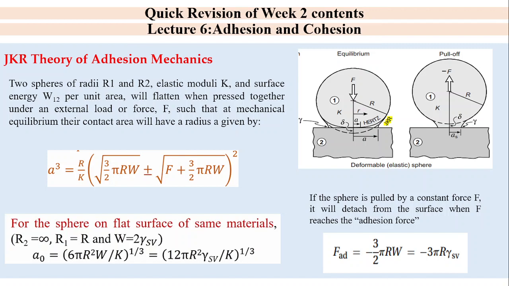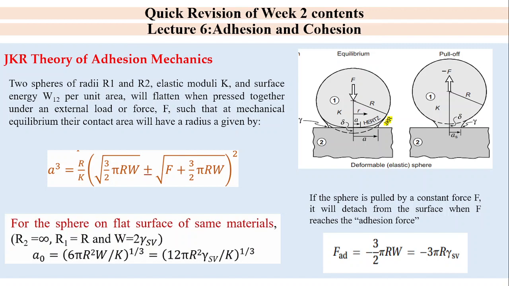Next, the JKR theory of adhesion mechanics was described, wherein two spheres of radii r1 and r2, elastic modulus K, and surface energy W12 per unit area will flatten when pressed together under an external load or force F, such that at mechanical equilibrium their contact area will have a radius given by A cube is equal to R by K times [root 3 by 2 pi RW plus minus under root F plus 3 by 2 pi RW] whole square.